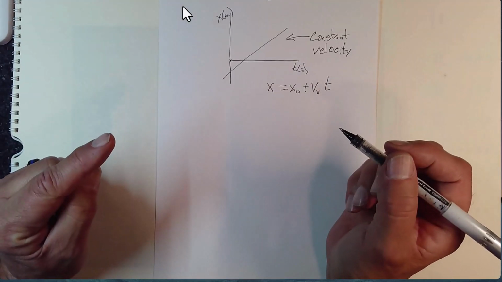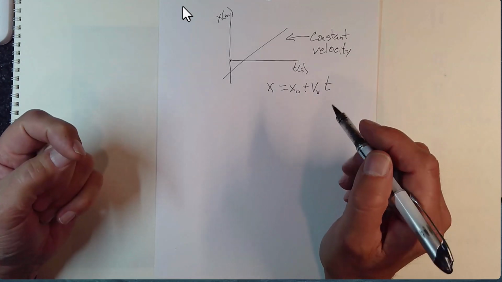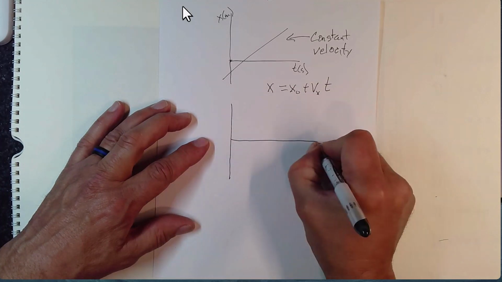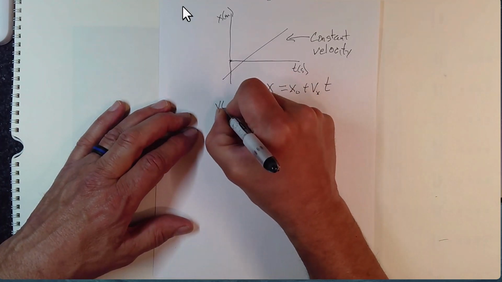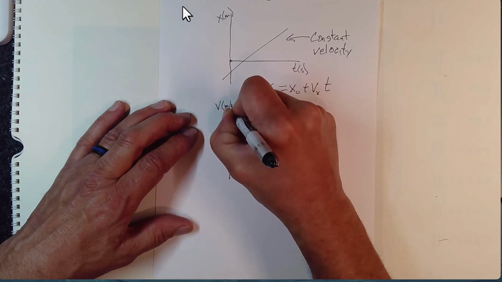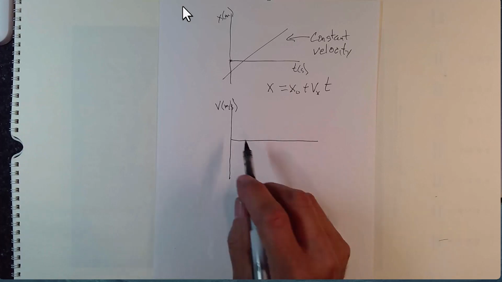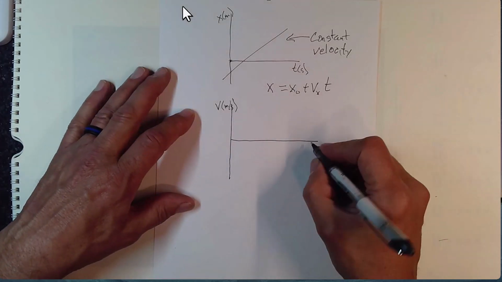Now I'd like to introduce the idea of making velocity versus time graphs. We can have something that looks like this. We'll have velocity in meters per second now. Of course, you could have all sorts of different units for velocity, but we'll generally stay metric here and do meters per second.